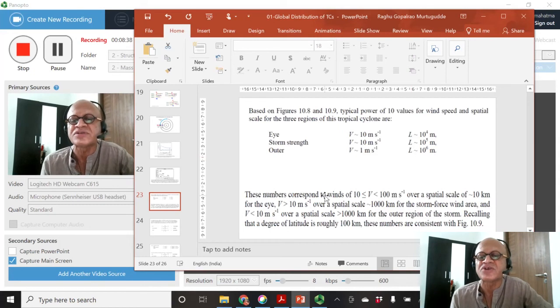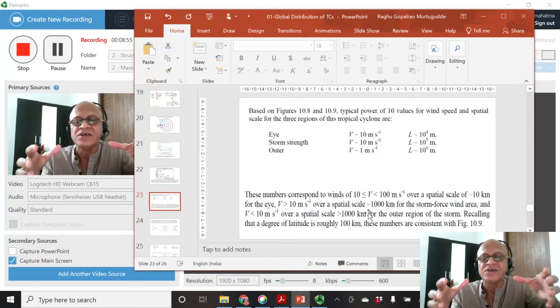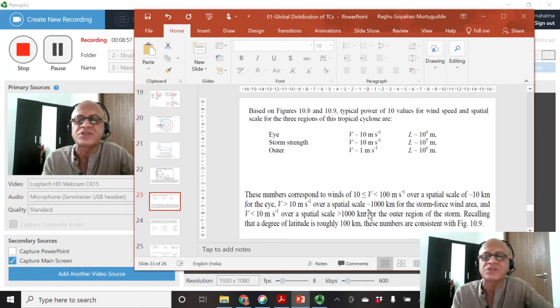Okay, these numbers correspond to winds of 10 meters per second, V greater than or equal to 10 meters per second and less than 100 meters per second, over spatial scales of 10 kilometers for the eye, which has the sharpest pressure gradient towards the wall.